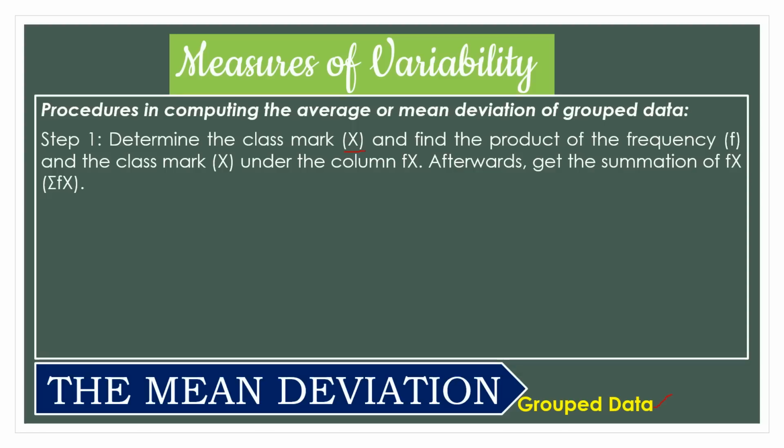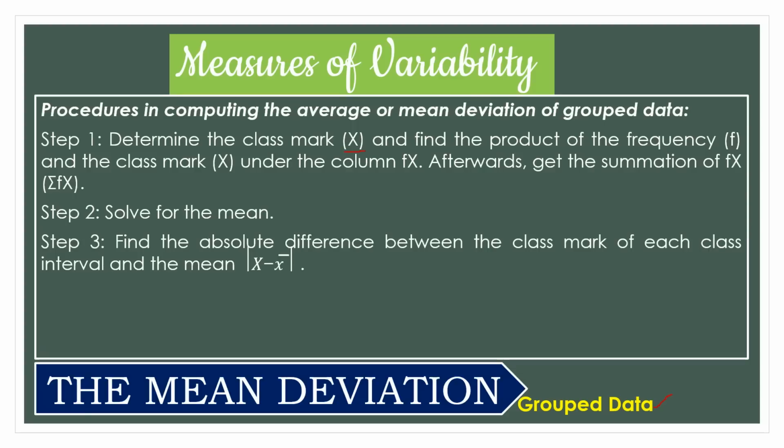So it's like solving for the mean of grouped data. Afterwards, get the summation of F times X. Then step 2, solve for the mean using the data obtained in step 1.